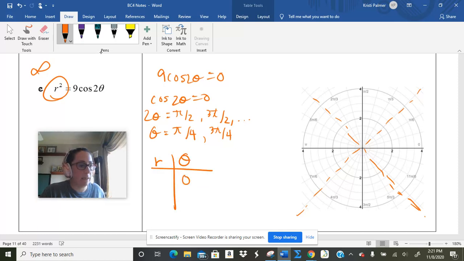Now when I plug in, I can get 2 different values. So if I see this, I can see that r squared, when I plug in 0, cosine of 2 times 0, 0 is 1, is 9. So I can get plus or minus 3. So when I'm at 0, I go out 3 in actually both directions. So I know I'm at 0, pi over 4.